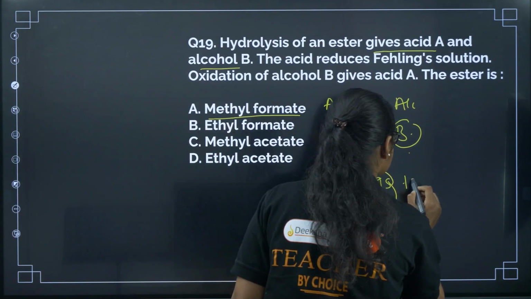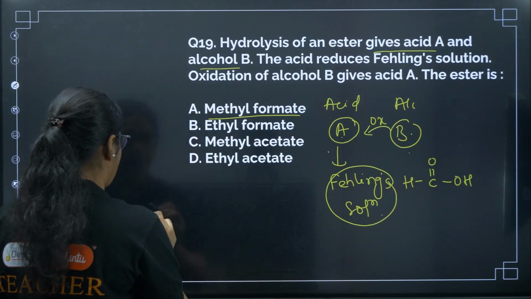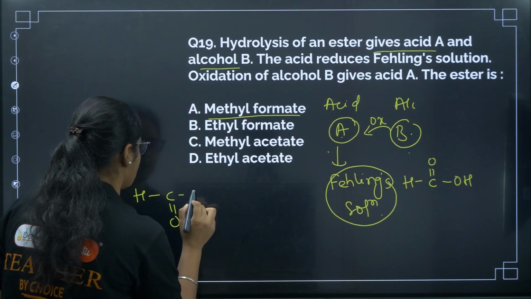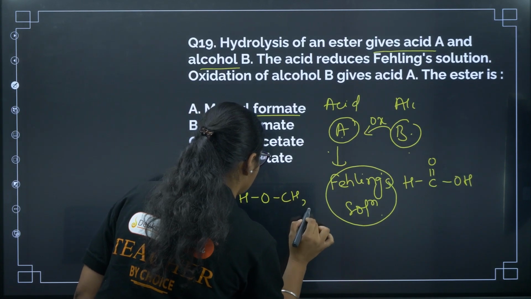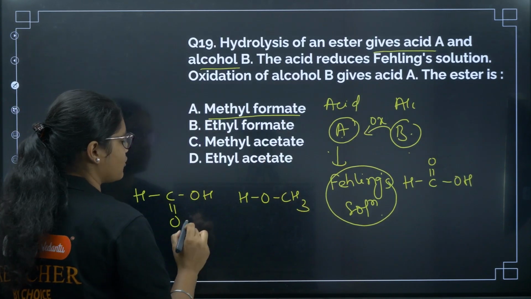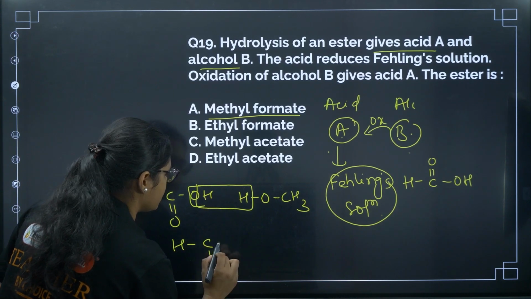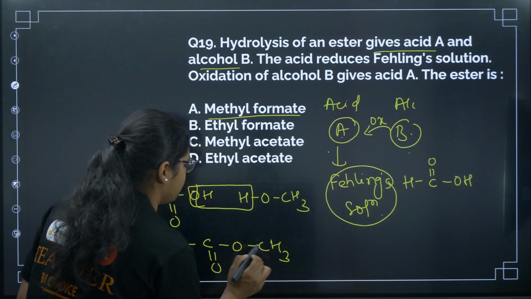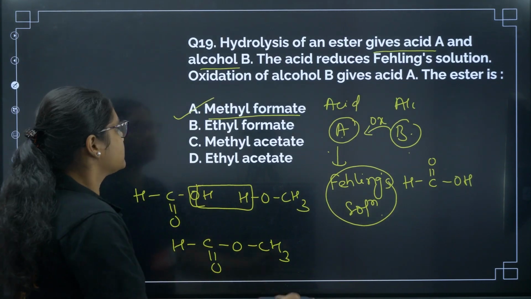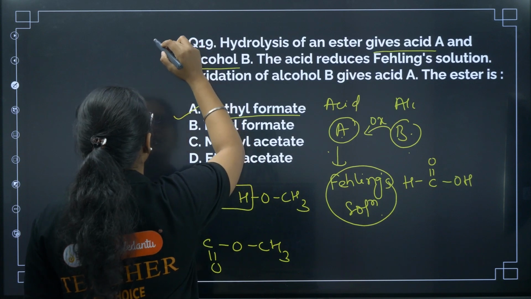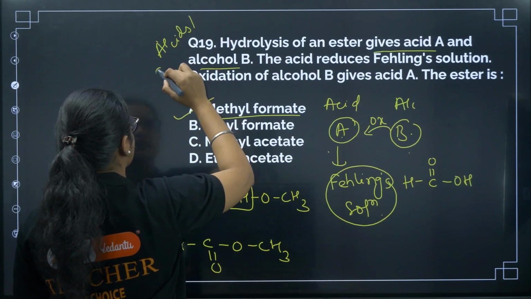So now if you write, we have this one, HCOOH, and methanol on oxidation will give you formic acid. So we can dehydrate it to get our ester, that is methyl formate. Okay, so the correct answer for this question is option number A. So this question is again from your acids chapter. Okay, so this is again an important question.